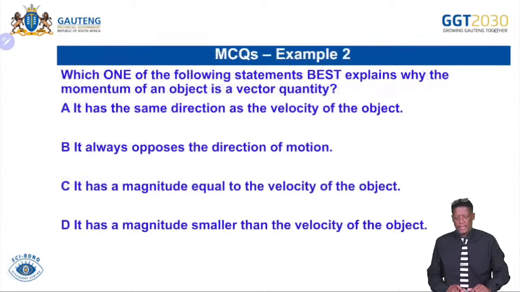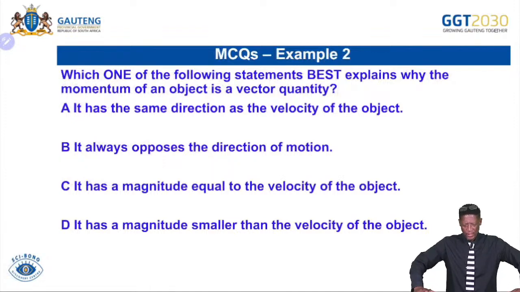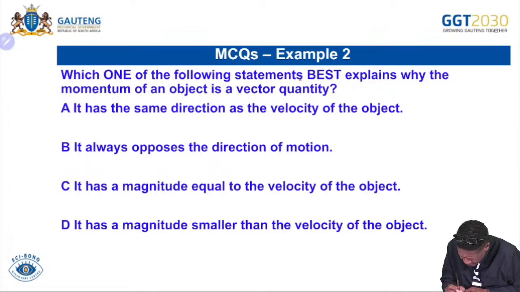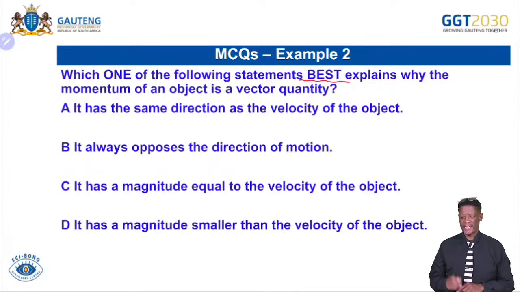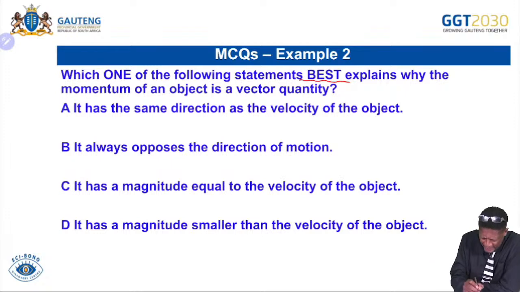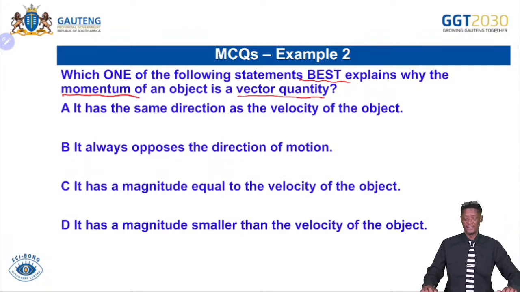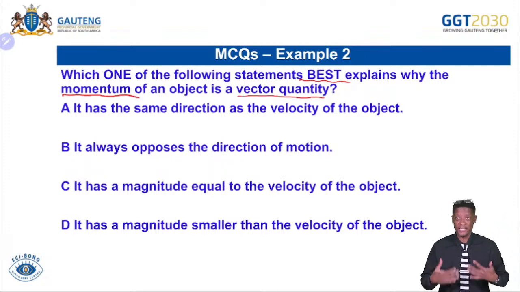Now, here's example number 2. Which one of the following statements best, big capital word, best, explains why the momentum of an object is a vector quantity? You see, I read.